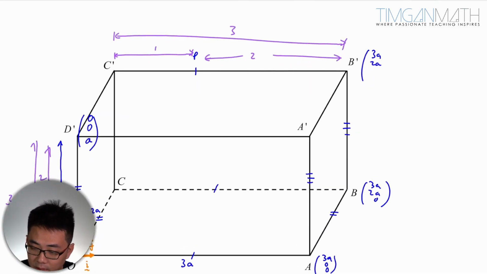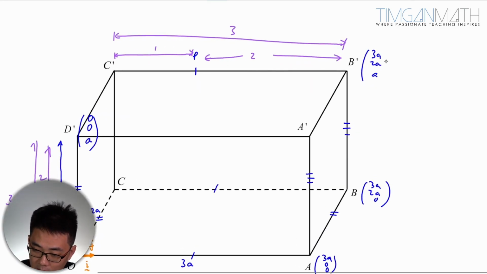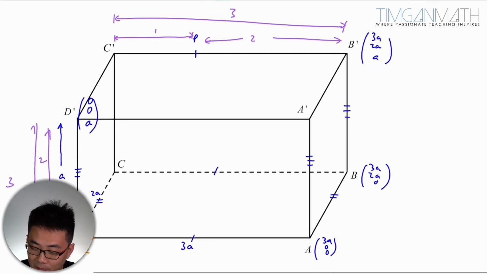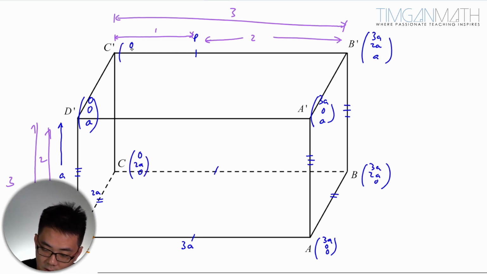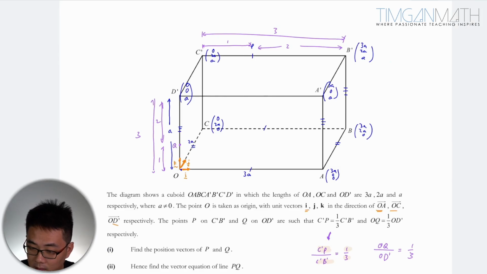It's exactly like reading Cartesian form in secondary school, just that now you have more things to handle. So it's 3A, 0, because you don't have any J component, 3A, 0, and A. And I'm going to label this as 0, 2A, 0, and this is 0, 2A, and A. So I label everything that I need.